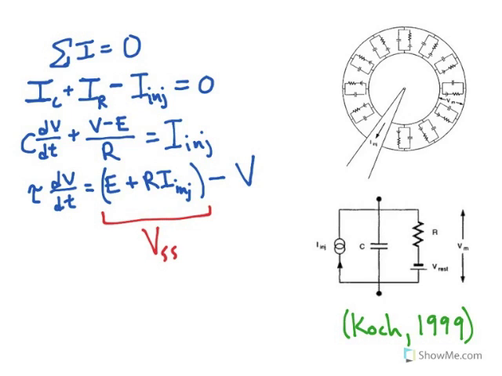So the steady-state membrane potential depends on the amount of injected current and also depends on the resistance of the membrane, or the input resistance. So this explains how the injected current affects the steady state voltage, and other than that, the system is going to evolve the same way.